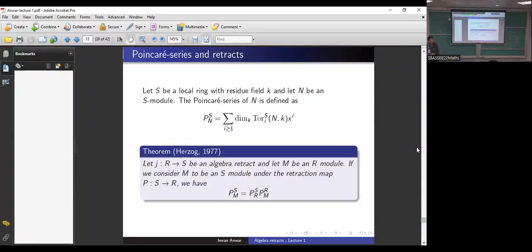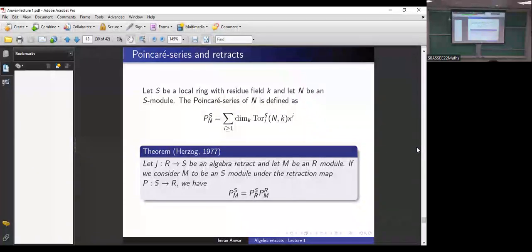This particular construction was given by Herzog and Ozaki in 1977. There are a few interesting things. With this paper, I'm trying to give some important properties studied under algebra retracts. Let S be a local ring with residue field K, and let N be an S-module.